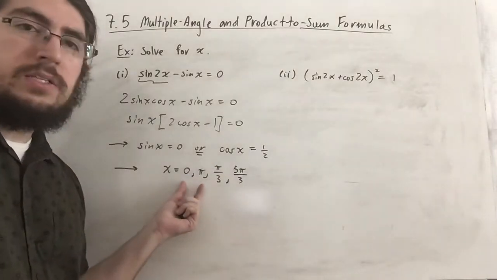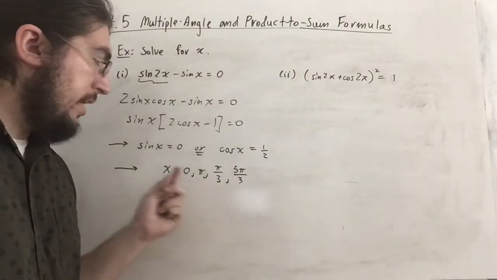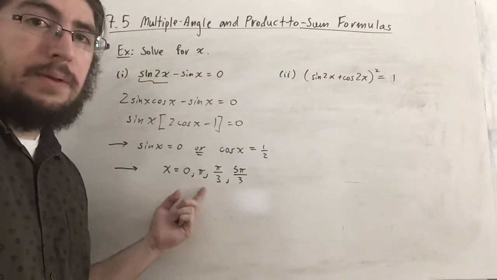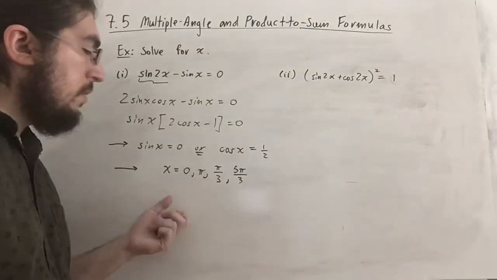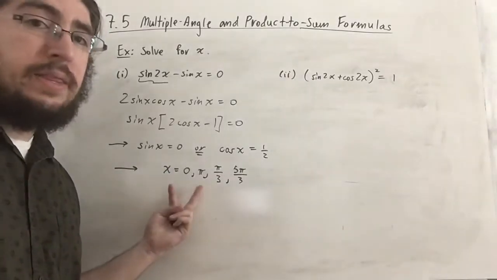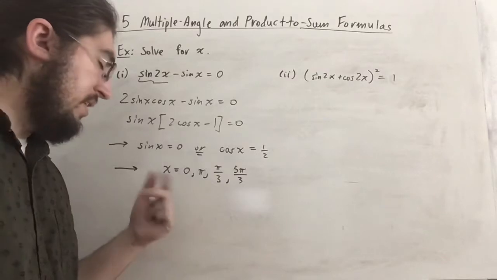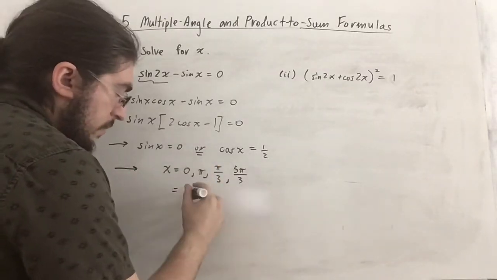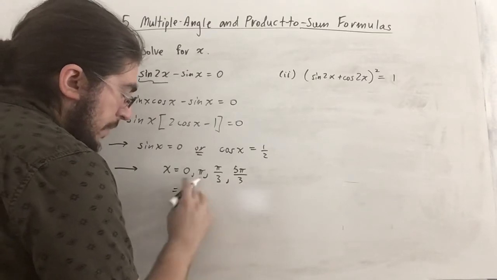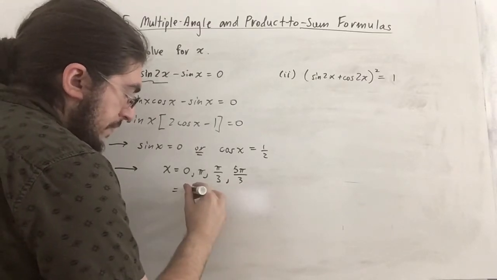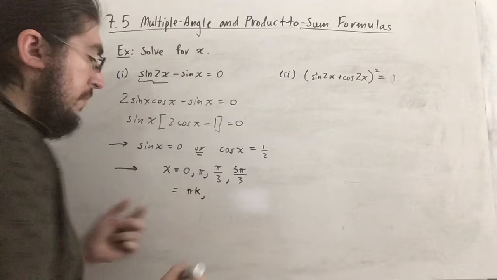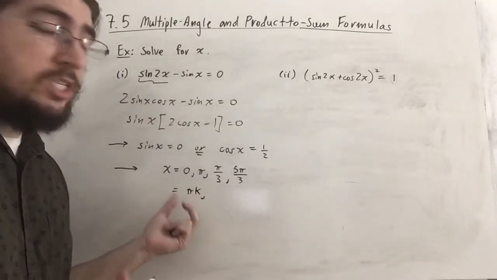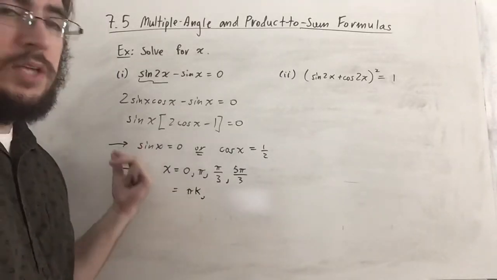But notice 0 and pi, if you add 2 pi k, you get 2 pi k and pi plus 2 pi k. So really what that means is the odd multiples of pi and the even multiples of pi. But in any event, what we end up getting is just pi times k. So all multiples of pi, positive or negative, even 0, are the zeros of sine.